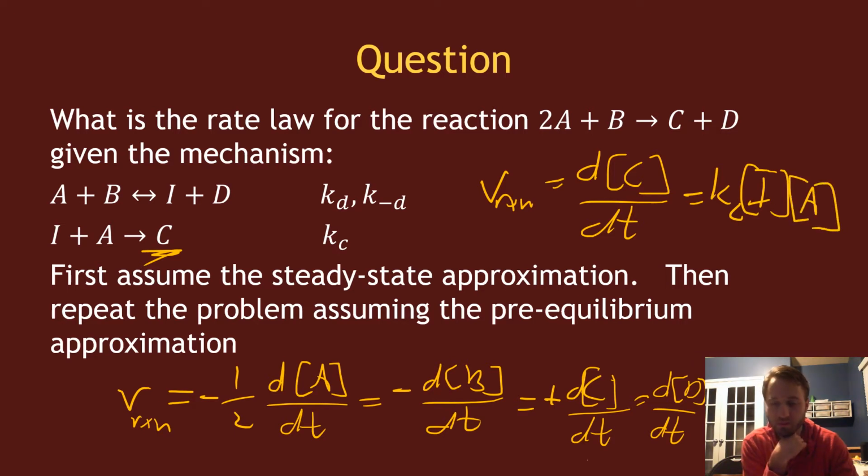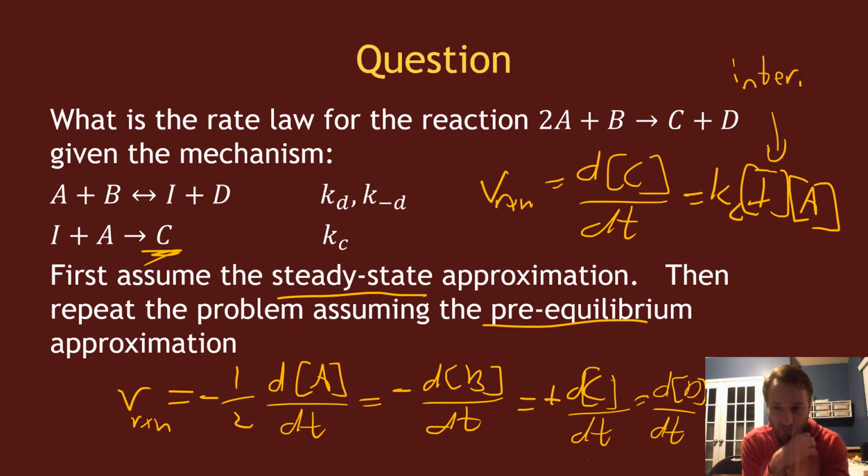Now the problem is that I here is an intermediate, so we have to get rid of I using things like the steady state approximation or the pre-equilibrium approximation. What's on this slide is the same no matter what approximation you're using. I've done no approximation so far.